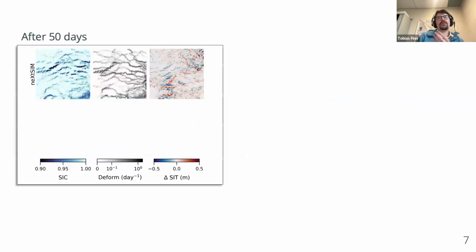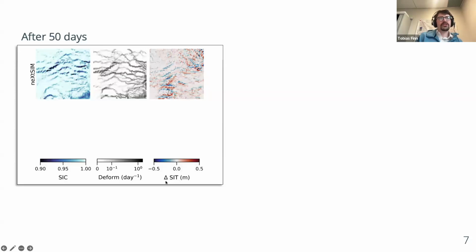And then if we further analyze how the fields look like after 50 days, so here once again we have in the first row what the original simulation from the geophysical model says. So we know from sea ice physics that if we have less sea ice, so this is the sea ice concentration, this also means that sea ice can be more deformed there. So we can clearly see here strong deformation where we have less sea ice.